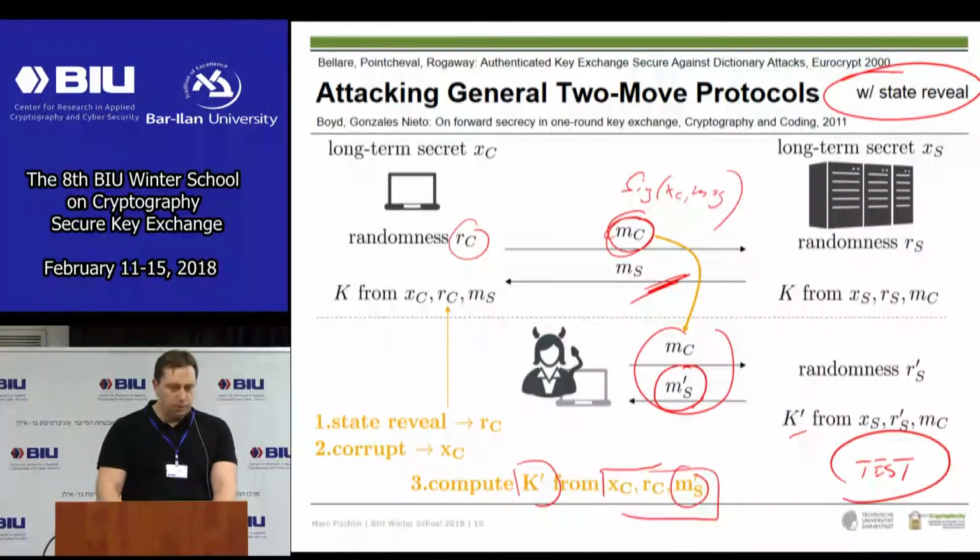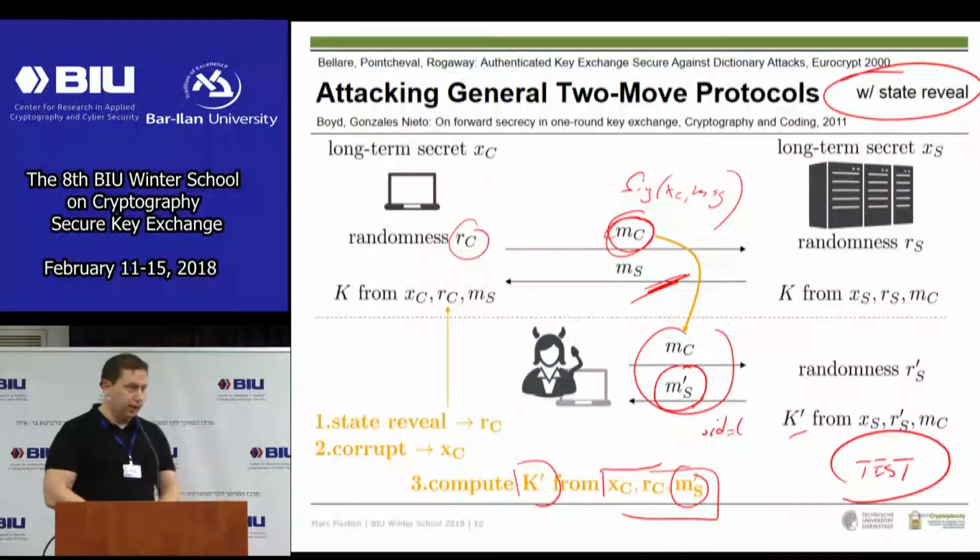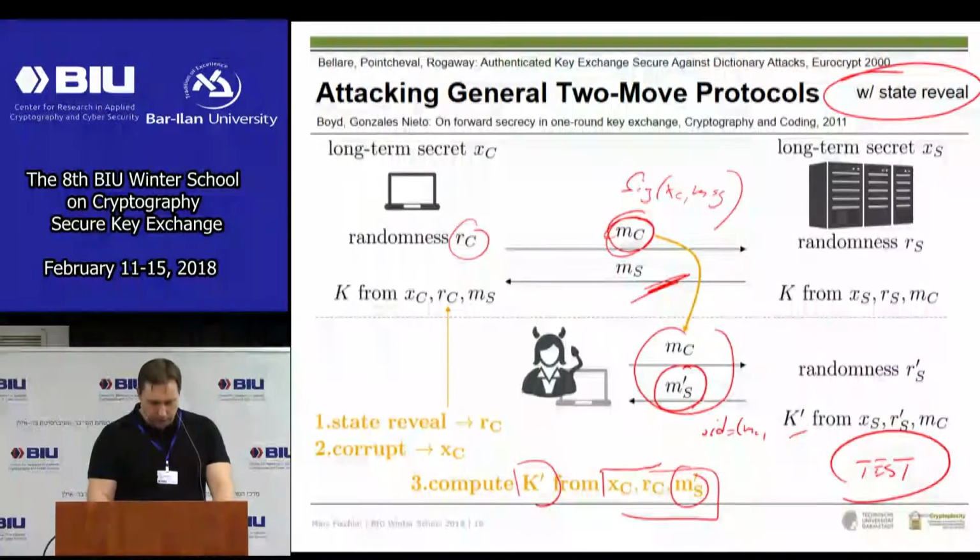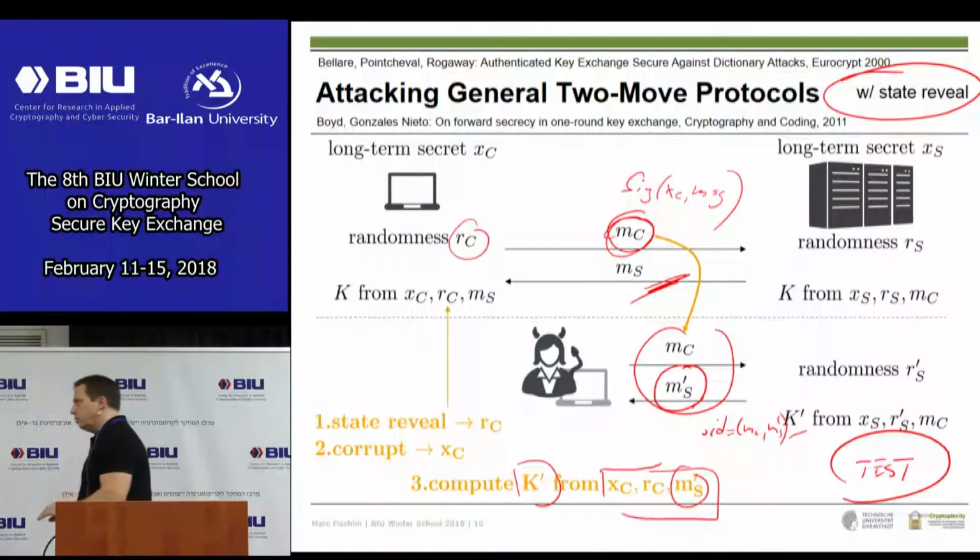That was the first case. If I have explicitly authenticated schemes, but I do have session state reveals, then I can also mount the attack. Naturally, if the adversary doesn't have state reveal and you can break any protocol, this also means that you can break any protocol with session state reveals. Just don't use it for the attack.